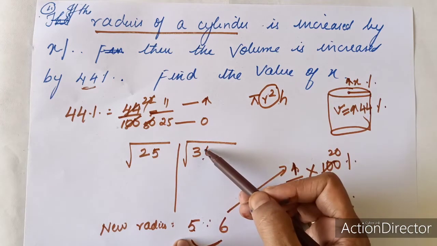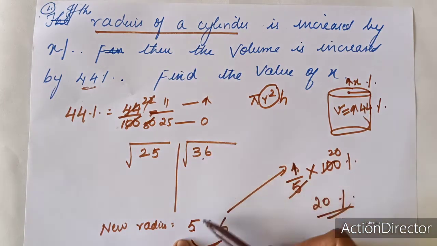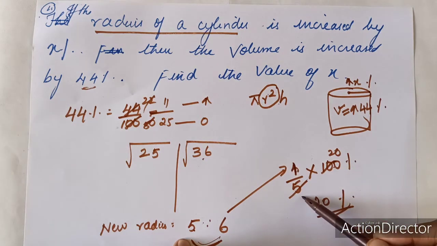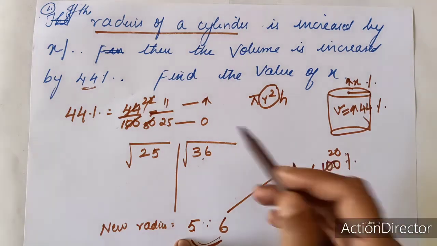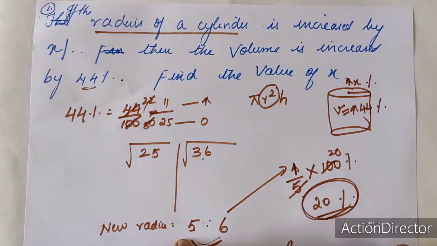Since R square is given, for finding the radius, I have to take the square root. After taking the square root, we find the difference. Difference is 1. So for finding the percentage, I do 1 upon the original 5 into 100%, which is equal to 20%. So the radius of the cylinder is increased by x%, so my x is equal to 20%.